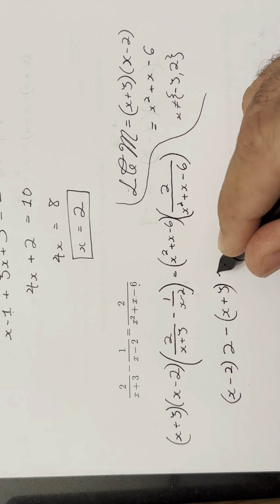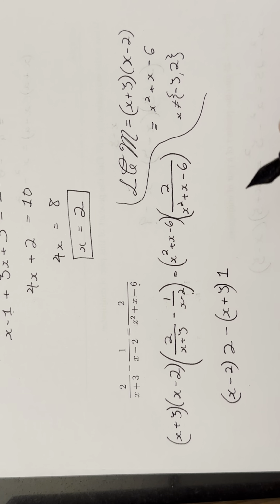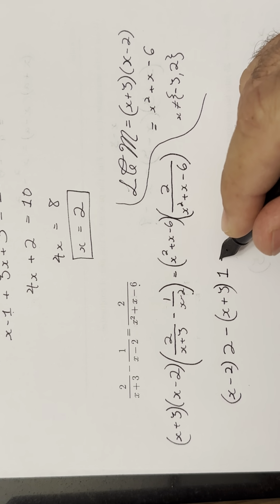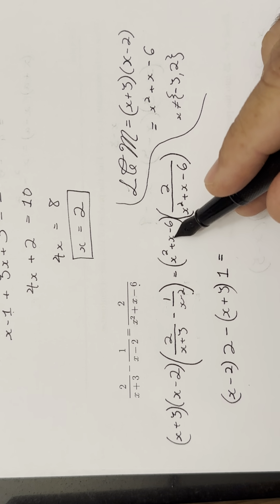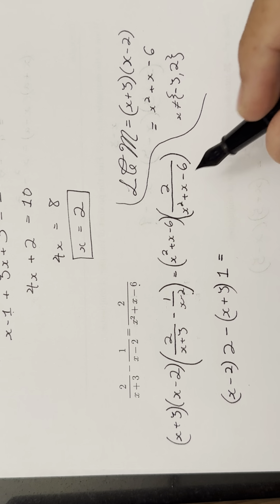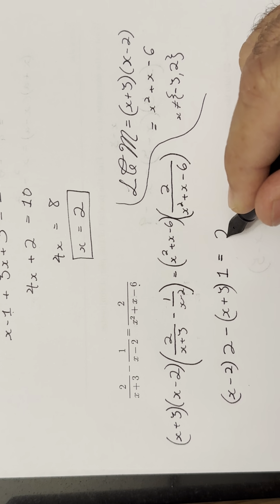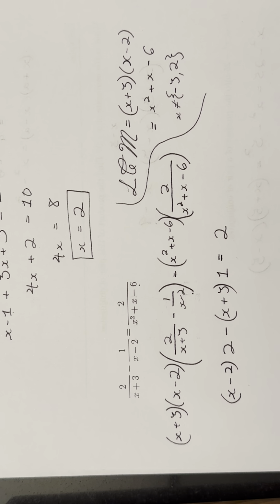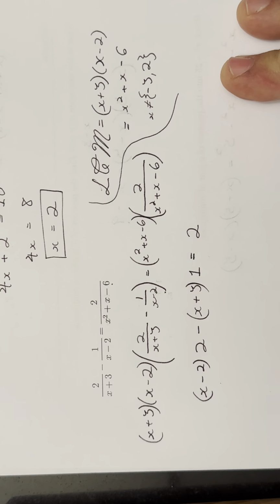And that's being multiplied by that 1 right there. You don't have to write the 1, but we're going to. Now we move to the right-hand side. X squared plus x minus 6 divided by itself, of course, is 1, leaving us with just this 2 right there. All right, so this is now a much easier equation to work with.